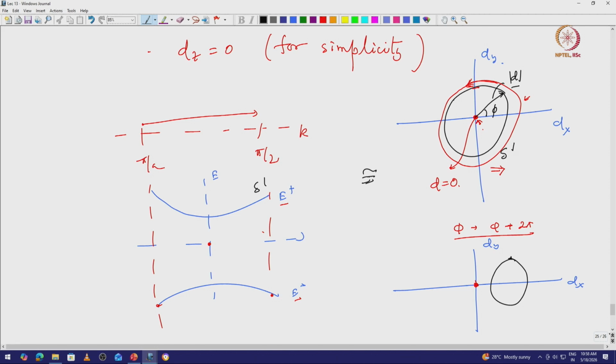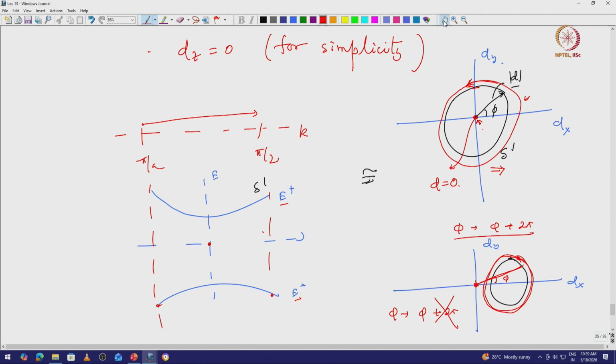So, now you see that for any point phi, as you go around it, phi changes to phi, you just come back to the same point, it does not change by 2 pi, because you just think of it as like this.